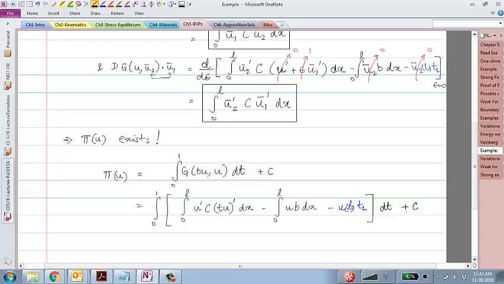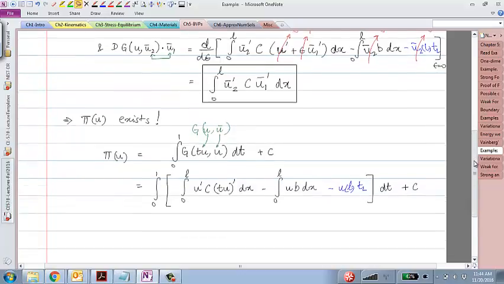So all I've done in the expression in this square bracket is just replace. If you remember, we were given G of u comma u bar, correct? All I'm doing is replacing u with tu and u bar with u.